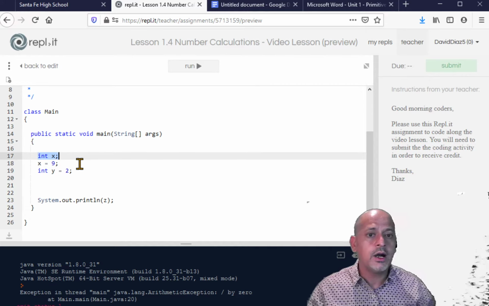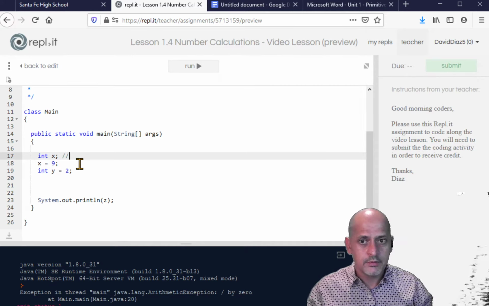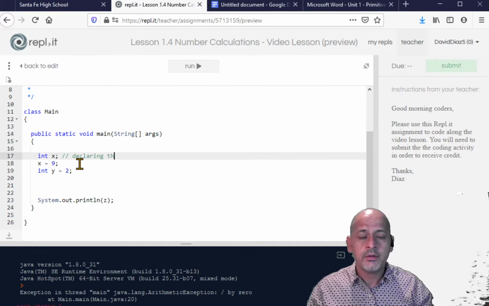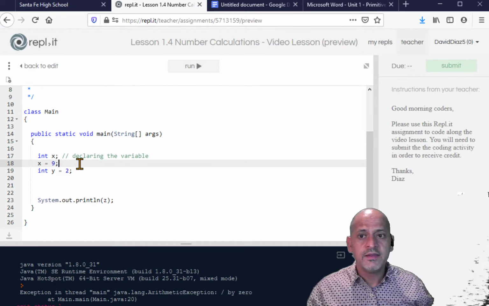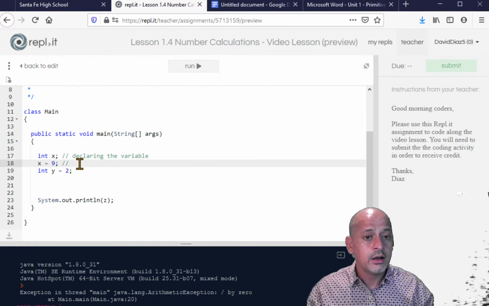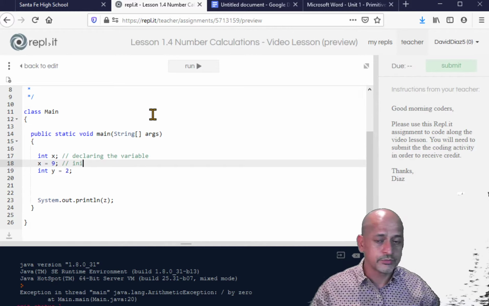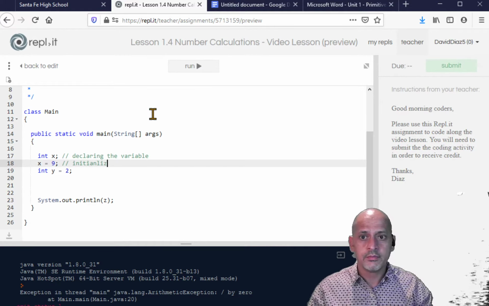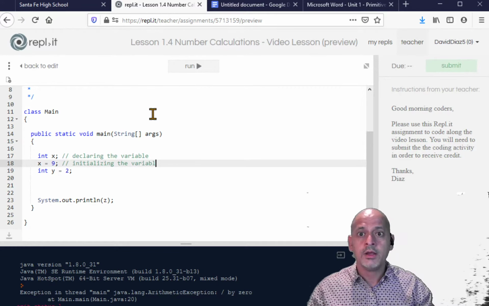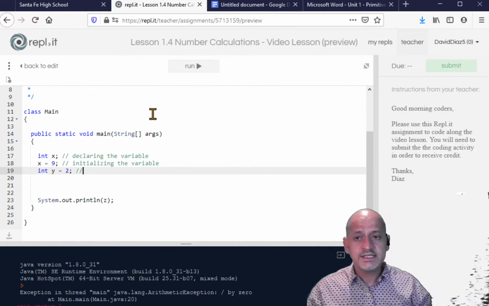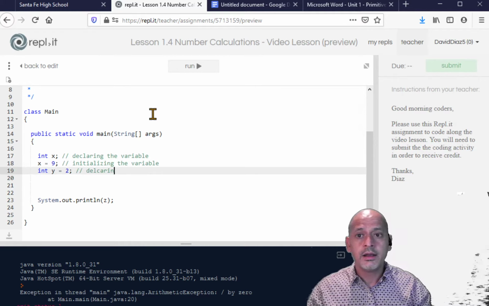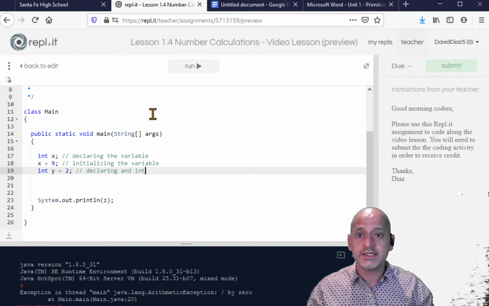In this step, you are declaring the variable. In this step, you are initializing the variable. In this step, you are declaring and initializing.